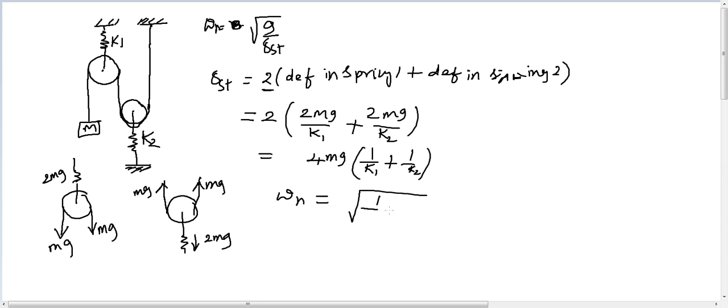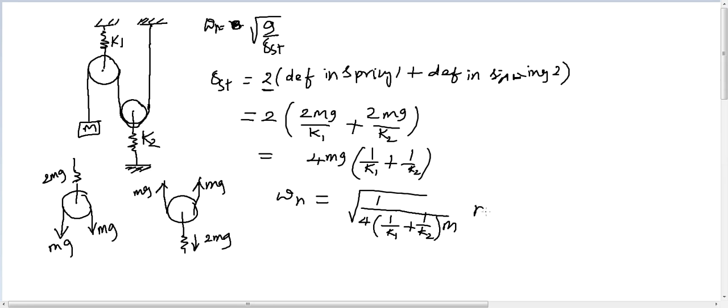If we write that, our final omega n will become square root of 1 by 4 into 1 by k1 plus 1 by k2 into m. This is the natural frequency of this spring mass system.